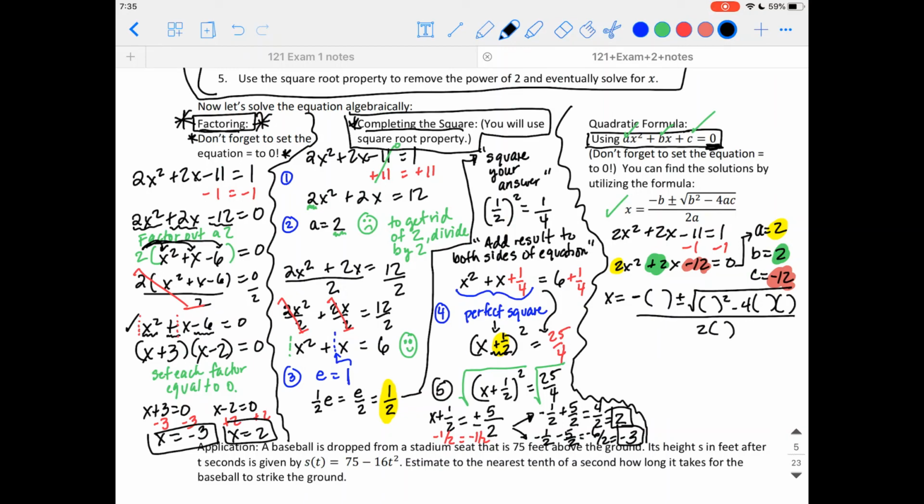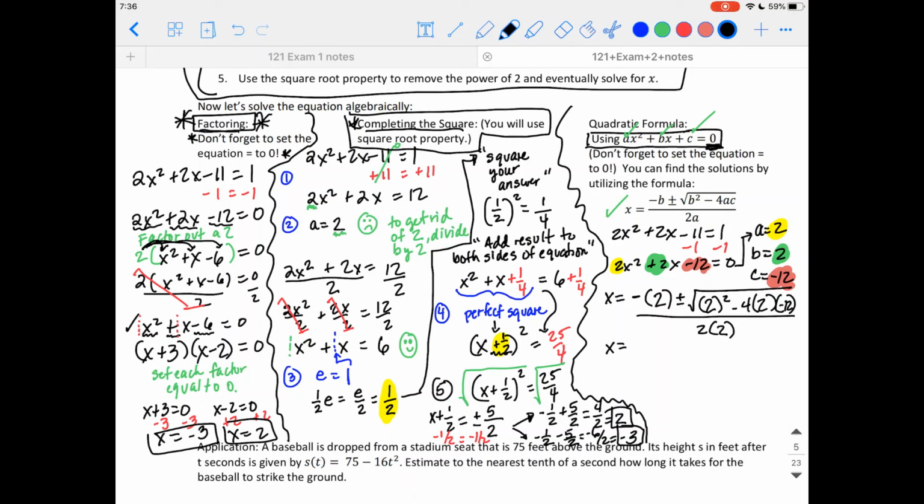So I'm going to substitute stuff in. So this is going to be negative b, which is going to be a 2. And then 2 squared minus 4 times a, which is 2, and c, which is negative 12. All over 2 times a, which is 2. Sorry for the background noise.